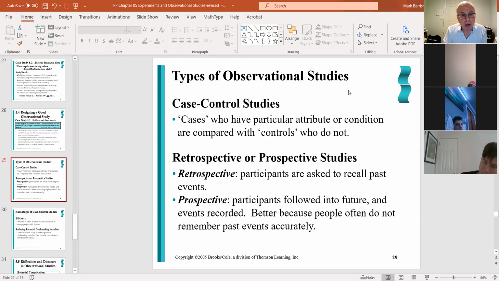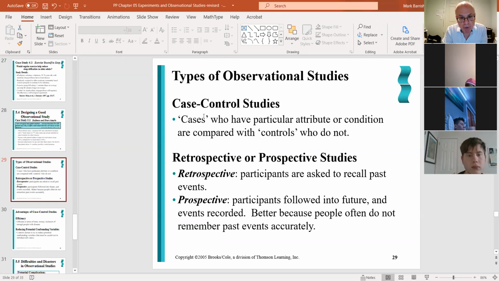Now, in the book, they also talk about observational studies in this chapter 5. Remember, observational studies are those studies where the experimenters are not controlling the variables at all. They do have a certain type of observational study called a case control study. As far as you're concerned in this course, the only thing you need to know about a case control study is that it is a type of observational study.